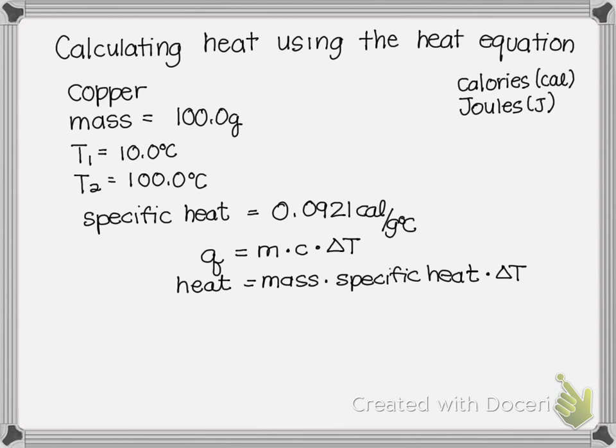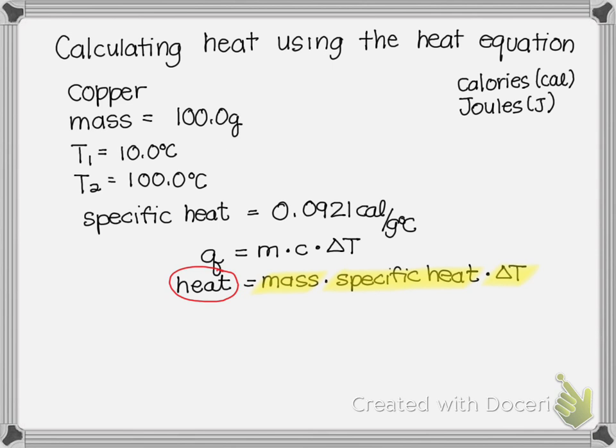Now, in this particular problem, we are given the mass, we're given the specific heat, and we're given the temperature. We're asked to solve for the calories, or what we also know is the heat. So what we're going to do is plug in those three values that they gave us, and we'll be able to multiply them and calculate our answer.